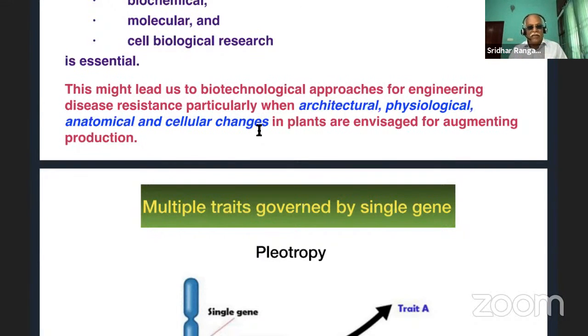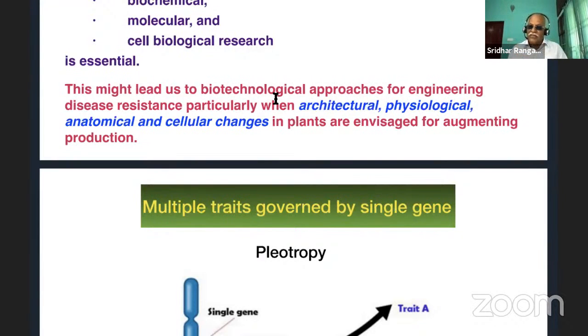But at the same time, we should also say that crop production is determined by plant architecture, plant physiology, the anatomical features of the plant, or the cellular changes taking place. For example, increased photosynthesis or reduced photorespiration. All these are complicated mechanisms that govern crop productivity.